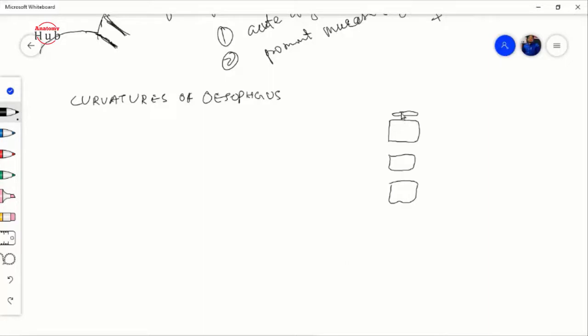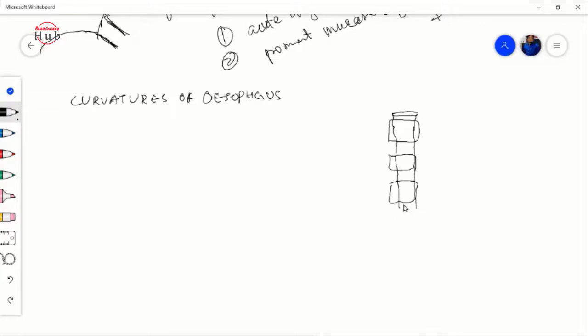Then it inclines somewhat towards the left side, left of the midline, in the root of the neck.